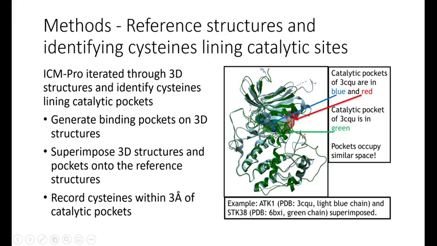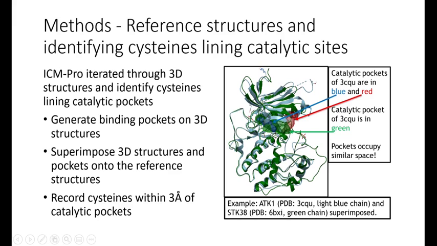ICM Pro could generate predicted ligand binding pockets on the ICM objects. Binding pockets that lie between the N-terminal and C-terminal lobes of the reference structure were determined to be the catalytic pockets. Because kinases have a shared structural architecture, superimposing 2 kinase catalytic domains on top of each other would allow their catalytic sites to overlap as well.